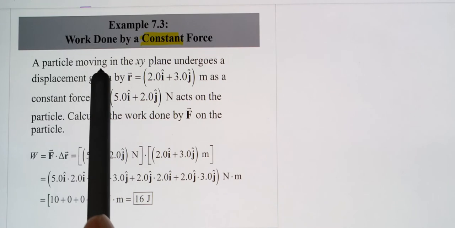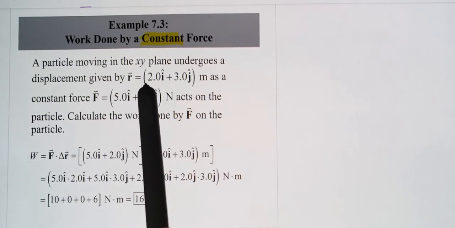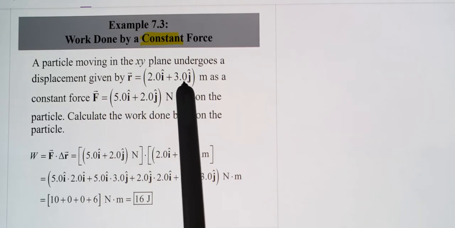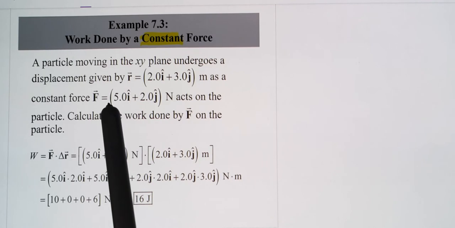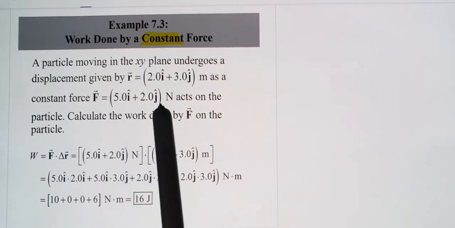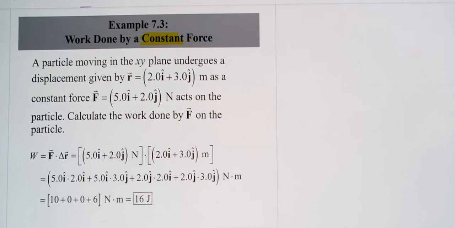A particle moving in the XY plane undergoes a displacement, and he gave us the displacement. And he gave us the force, and asks to calculate the work done by the force on that particle. So directly, it is just a dot product. He did it here in details.